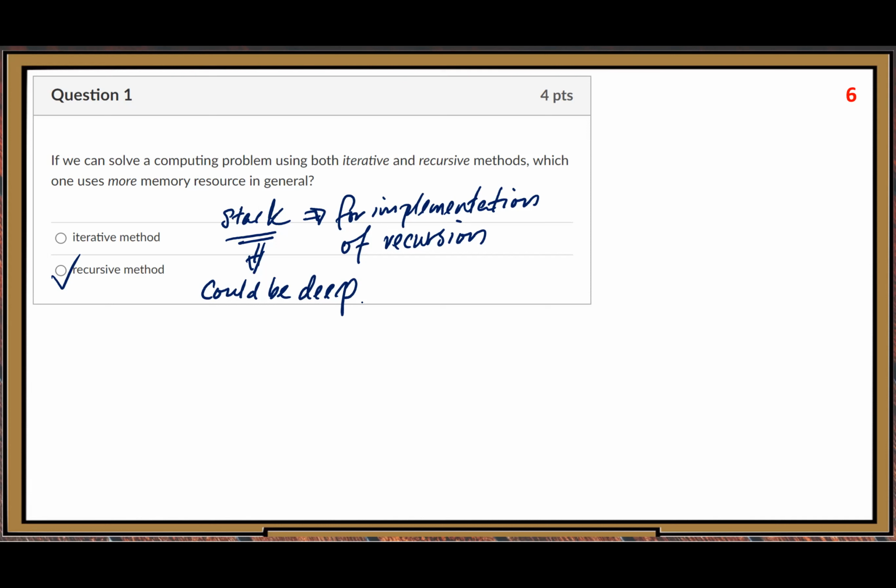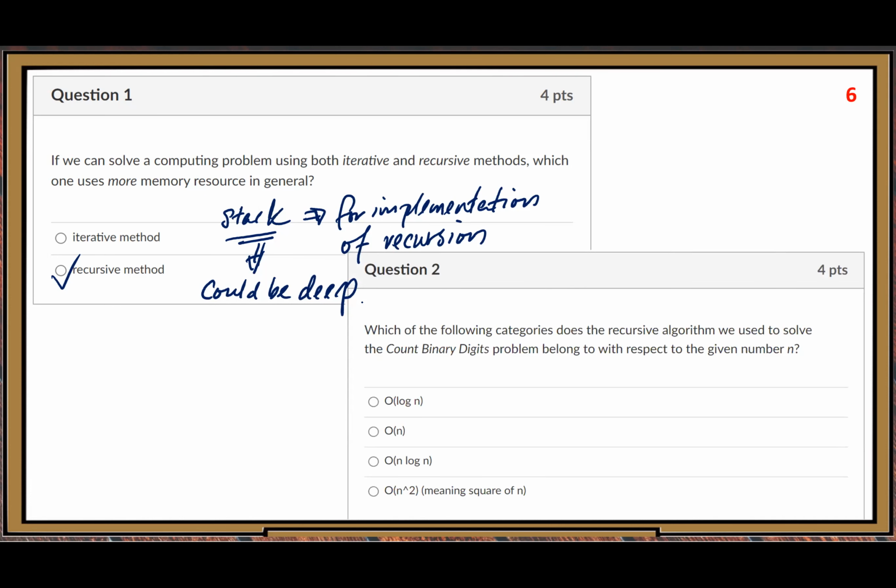Question number 2, which of the following categories does the recursive algorithm we use to solve count binary digits problem belong to with respect to the given number n?